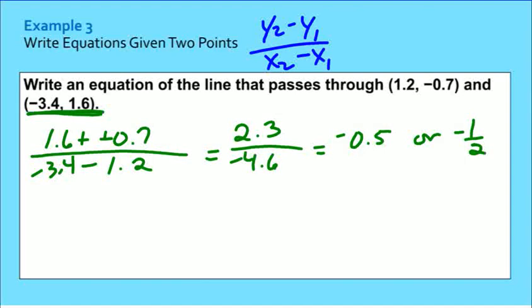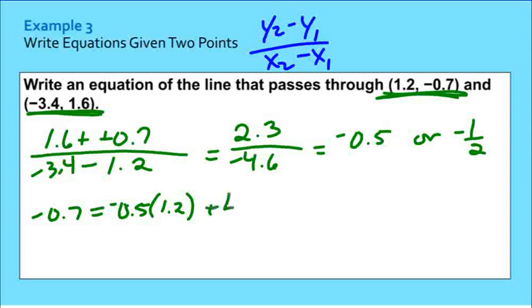Now that we have our slope, we need to find our y-intercept, and I have to choose one of the points. It doesn't matter which point you choose because you'll still get the same answer since they're on the same line. So I'm going to choose this point right here. My y is negative 0.7 equals my slope of negative 0.5, and my x is 1.2, and I need to use that to find my b. Negative 0.5 times 1.2 gives us a negative 0.6.